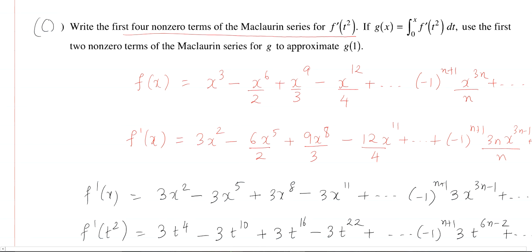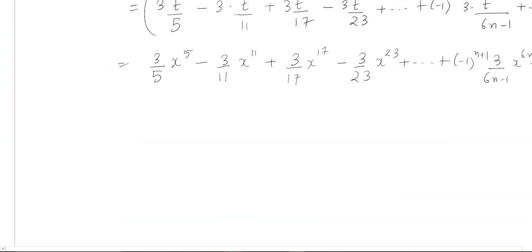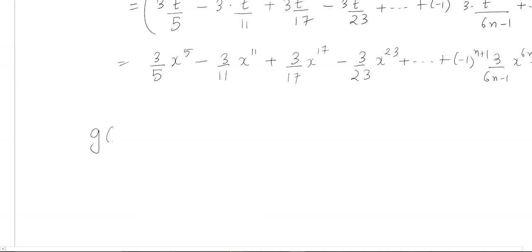And then it wants us to use the first two terms of the Maclaurin series for g to approximate g of 1. So g of 1, and for the first two terms, we're going to basically use these two terms.